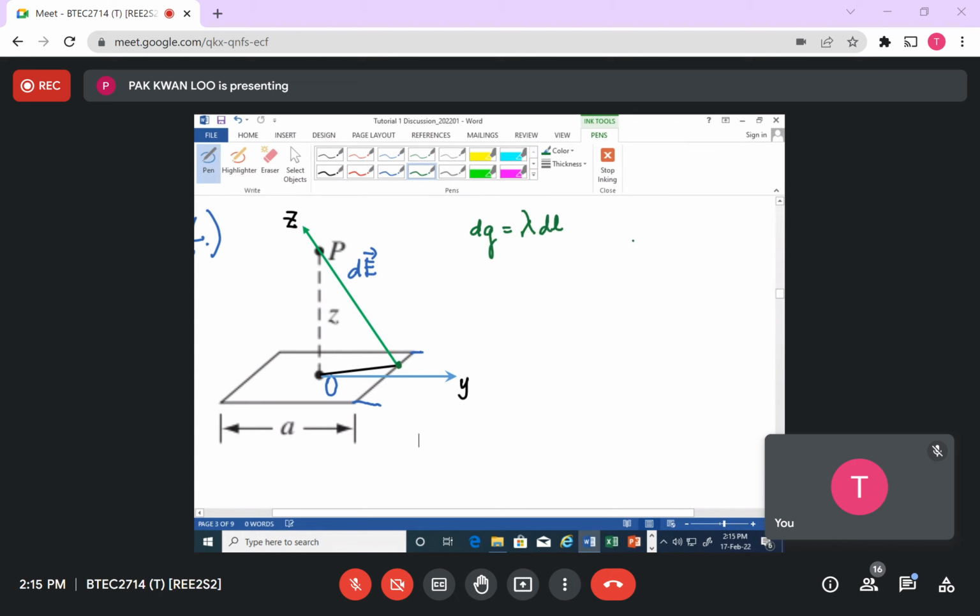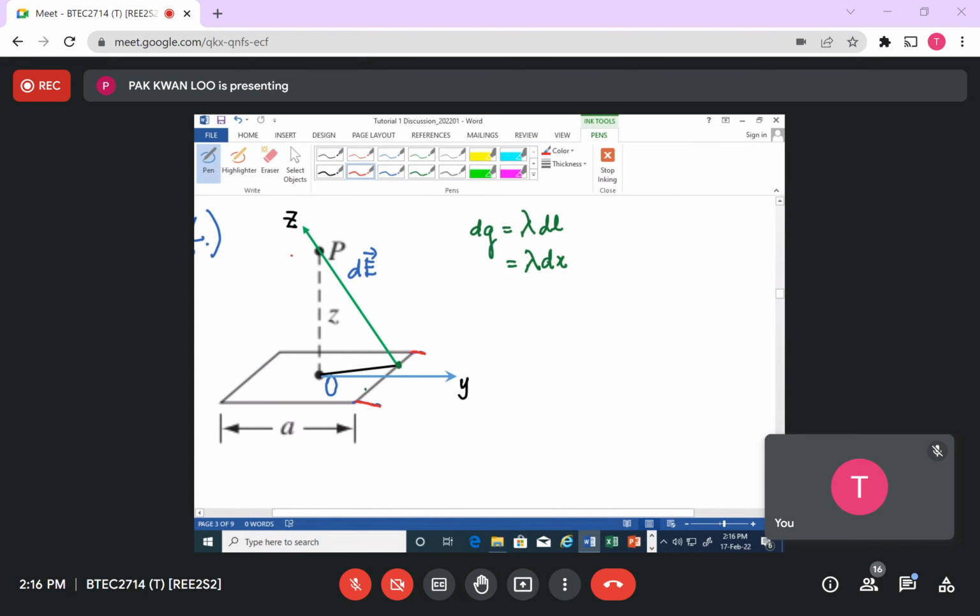However, our dl here will be represented by dx, because this length here is oriented along the x-axis. It is therefore the variable of interest, dx.